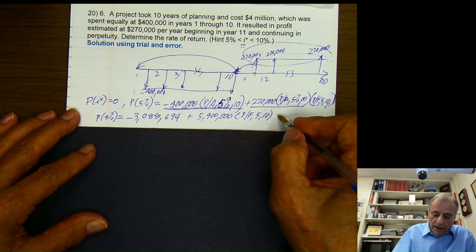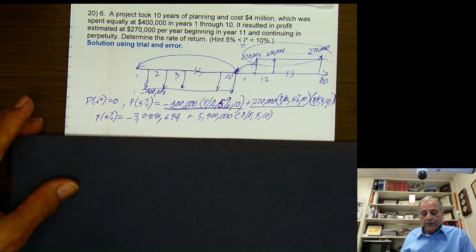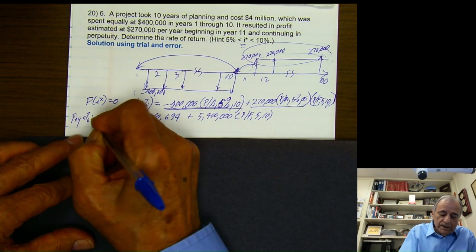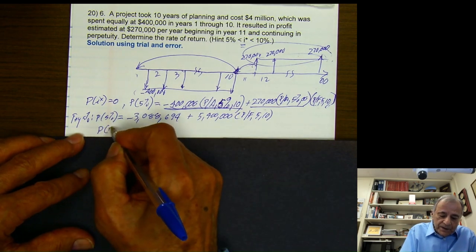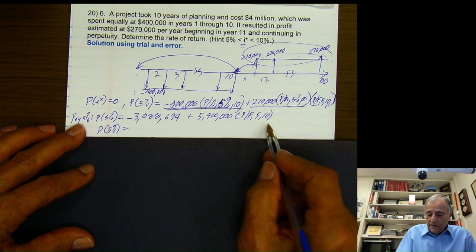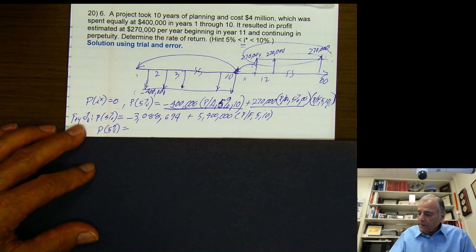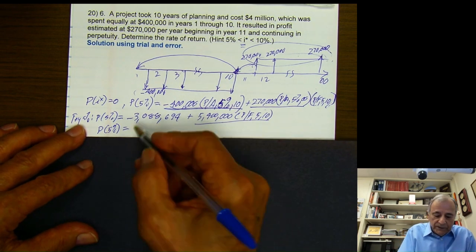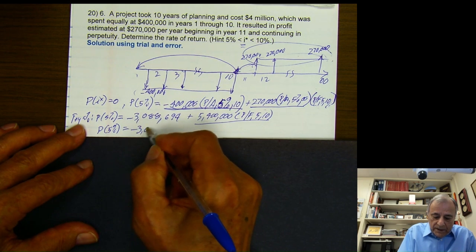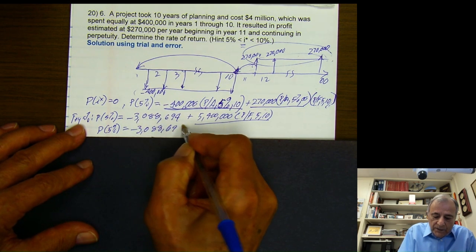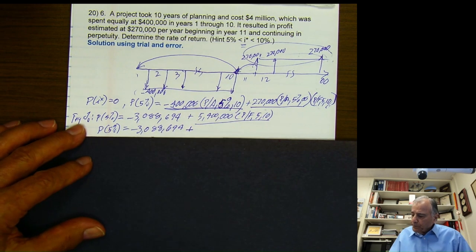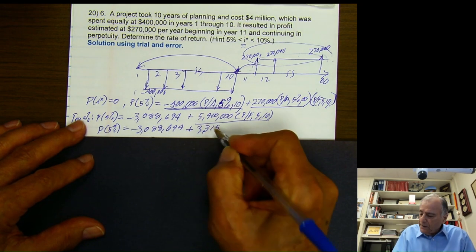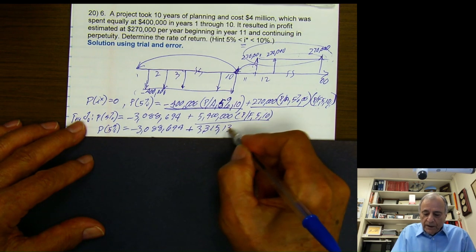And I won't set that equal to 0 because that's not the I star, it's just a guess. So I'm saying try 5%. So when I try 5%, I get 5% is equal to this and this. Well, this quantity here turns out to be 3,315,000. So this is minus 3,088,694 plus 3,315,132.